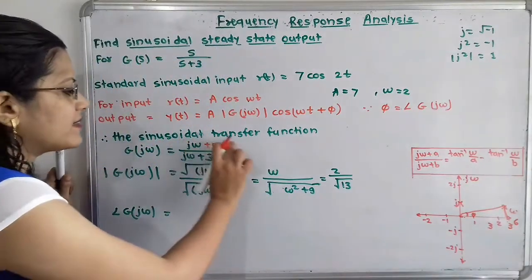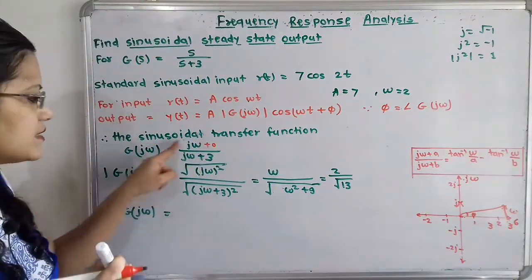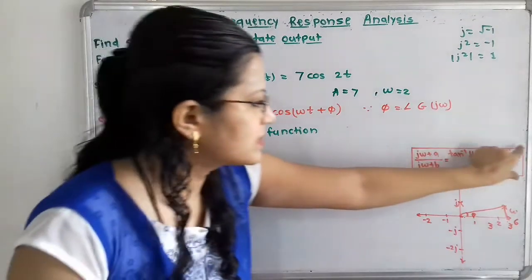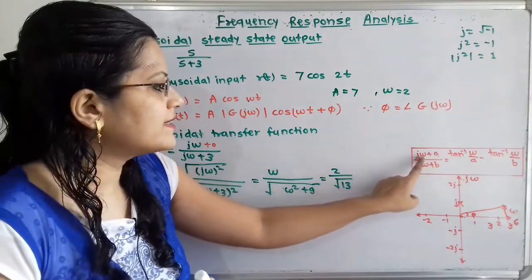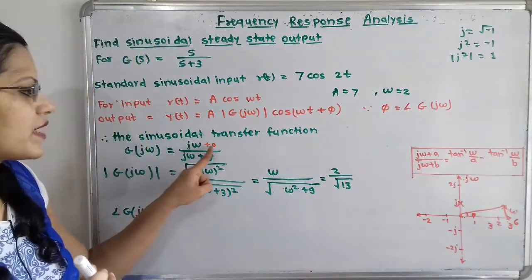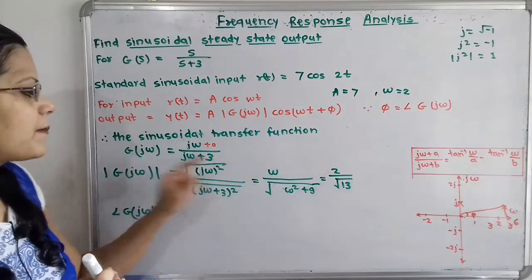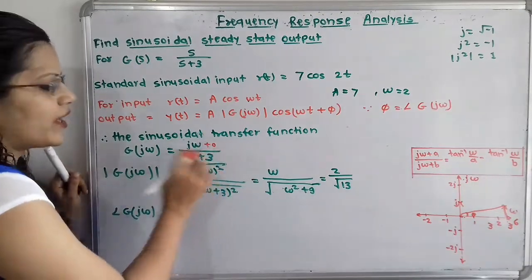Now how can we write the angle for this transfer function using the formula? The formula is j omega plus a divided by j omega plus b, here j omega plus 0 divided by j omega plus 3. So a is 0 and b is 3.